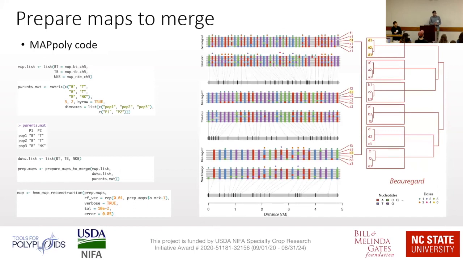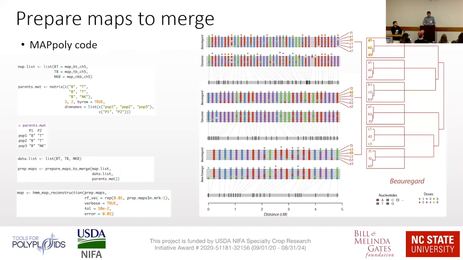Basically, the code for this is very straightforward, but you need to have the map first. And this is something that we are still working on, how to do this without having a map, or how to do this running in one batch. It's kind of difficult, but we're getting there.